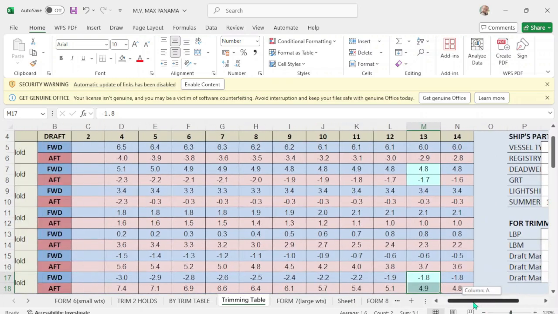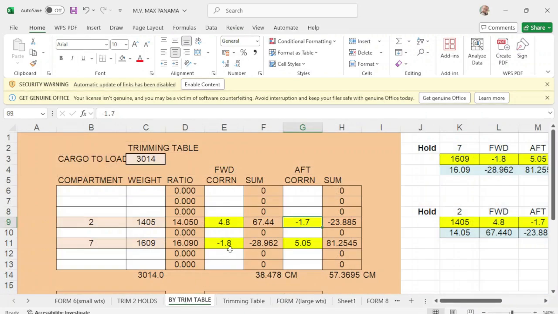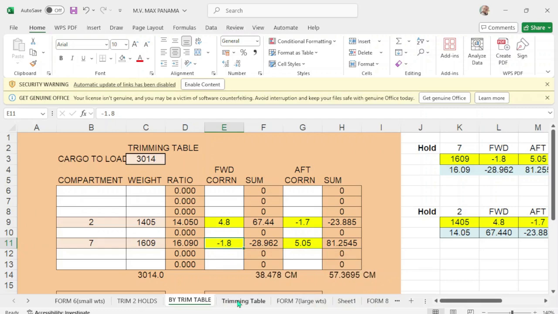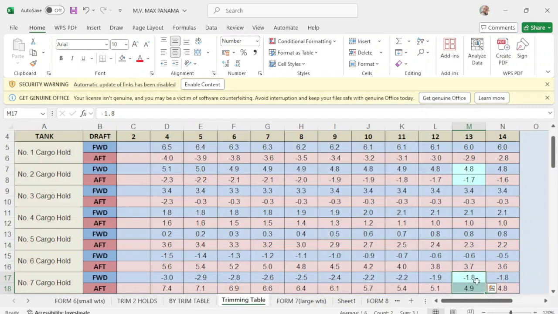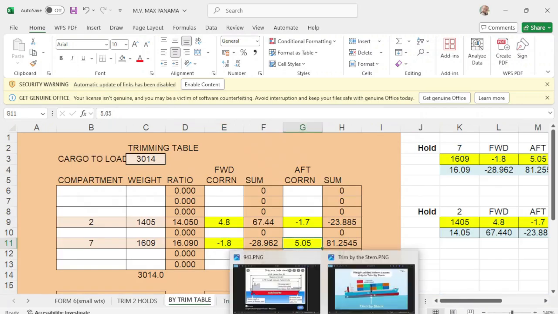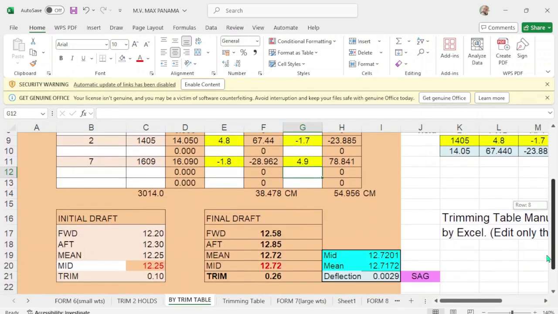Number 7 is negative 1.8. Put here negative 1.8, and aft correction is how much? Aft correction is 4.9. So put here 4.9.